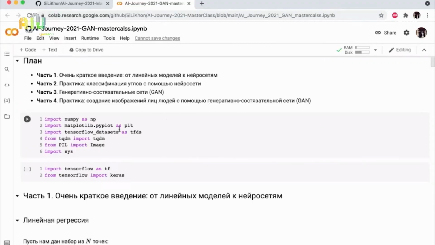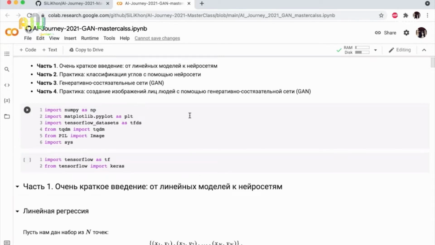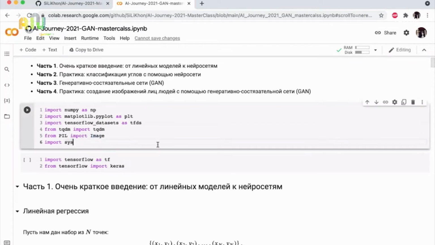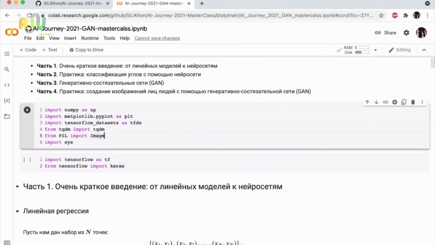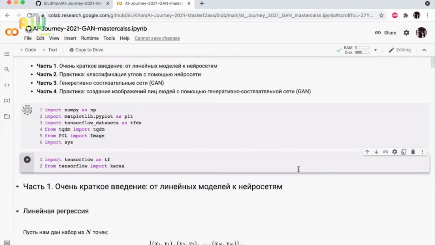Our notebook begins with import functions. I hope that my audience knows what Python is. I will not explain what Python is and how to use it. Here we just connect the libraries that we're going to use today. These are more or less standard things. I'm sure you're familiar with them. If you have never worked with neural networks, one of the well-known libraries is TensorFlow, and there is another one.